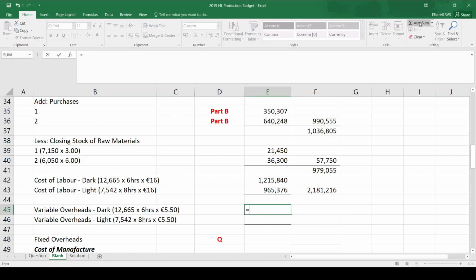Variable overhead again, for dark we need to make 12,665 units by 6 hours per unit, but the variable overhead rate is €5.50. And again for light, 7542 by 8 hours by €5.50 per hour.